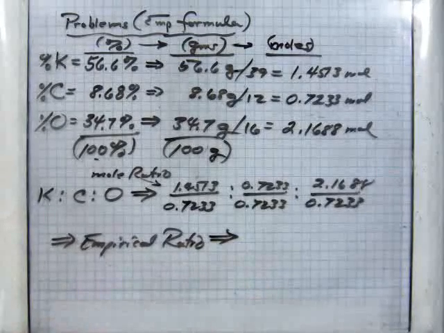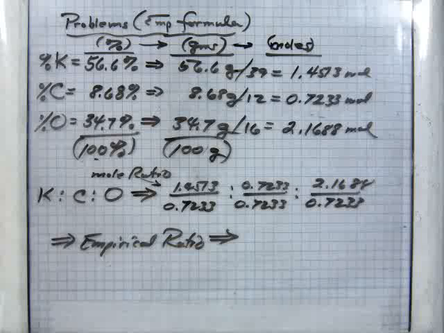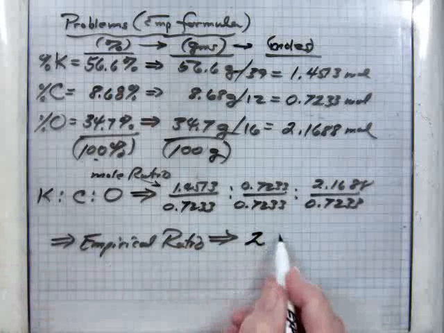And we see that 1.4513 divided by 0.7233 gives me a 2.